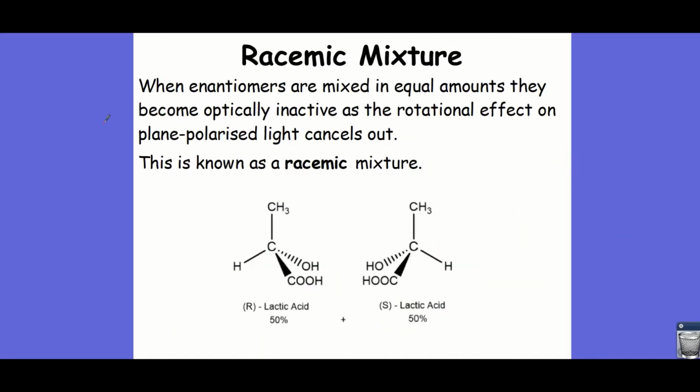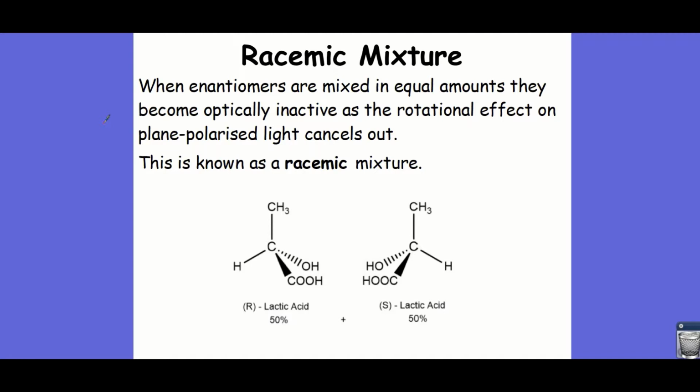So we know that we can get the R enantiomer and the S enantiomer. We know that they have opposite effects on plain polarised light. But quite often, the R and S enantiomers will be mixed in equal amounts, so exactly 50% of each. That negates the optical activity, so the rotational effect then becomes zero.